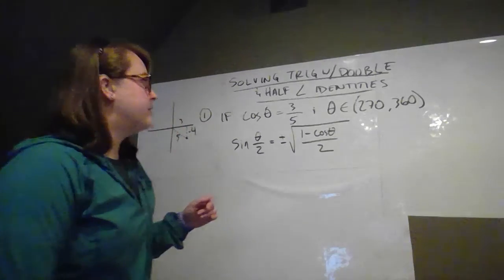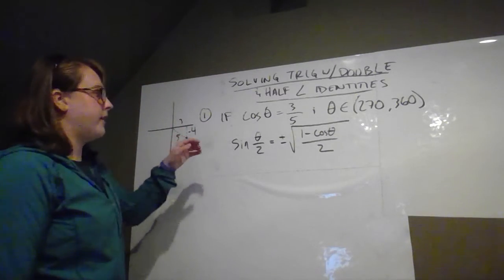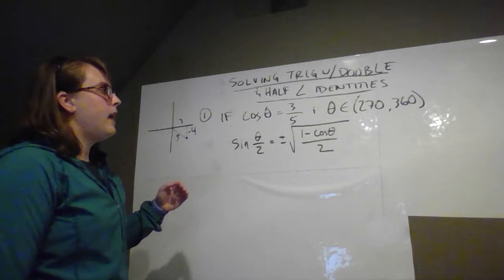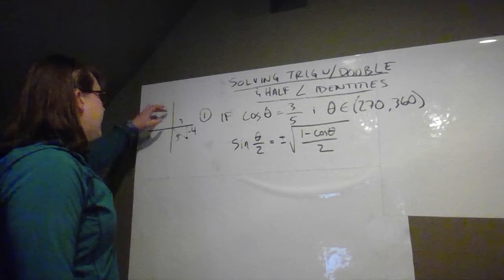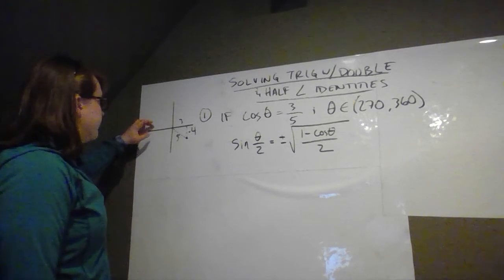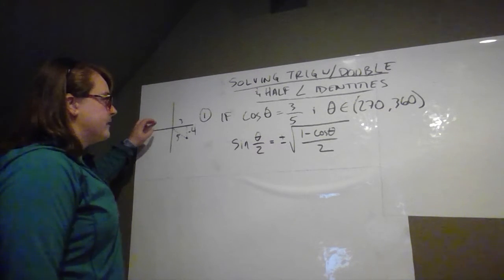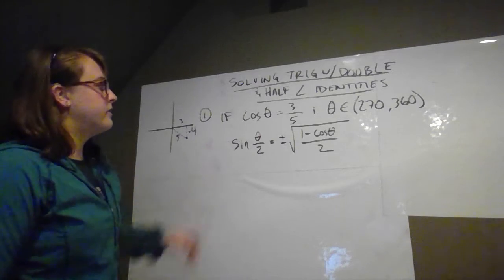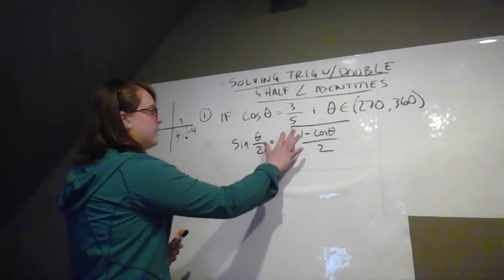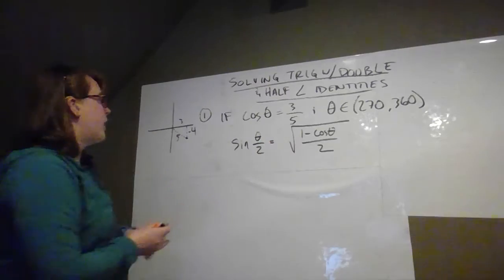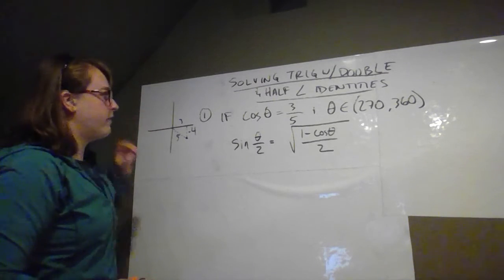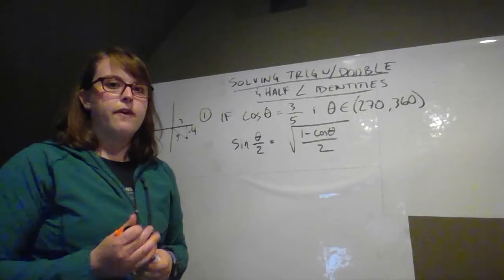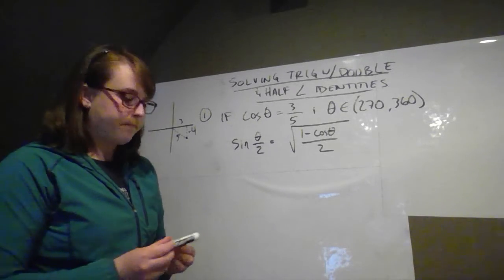So if it's between 270 and 360, half of that's going to live somewhere between 135 and 180. So half of it's going to live somewhere over here, which means that sine will be positive. So really, since sine is y and all the y values in this quadrant are positive, we can just find the positive solution here.